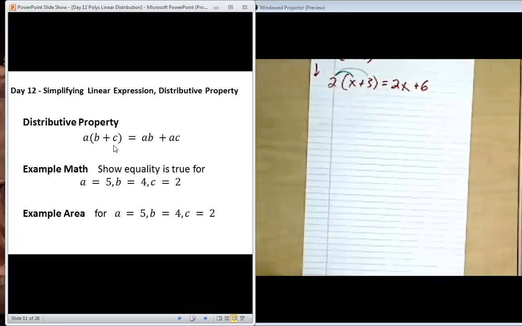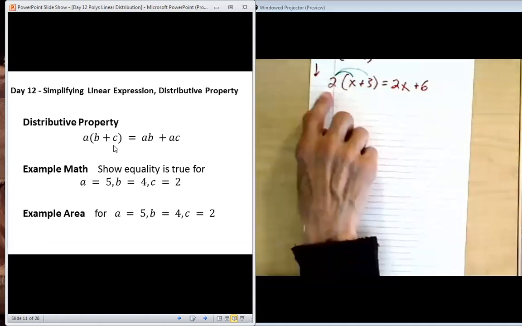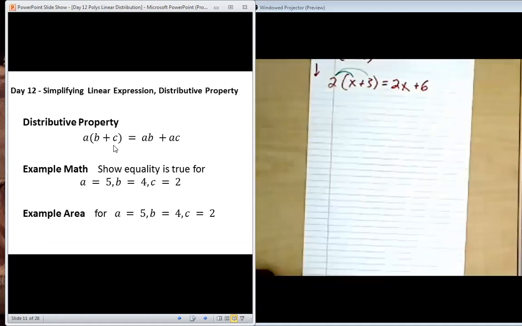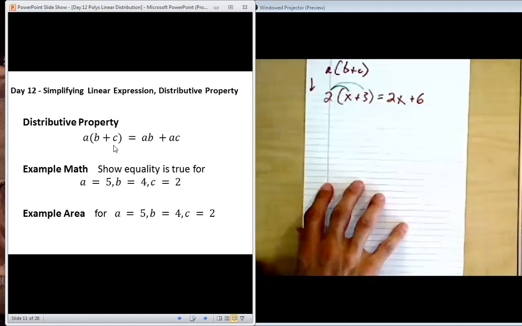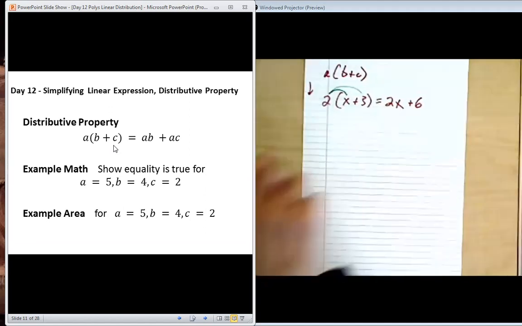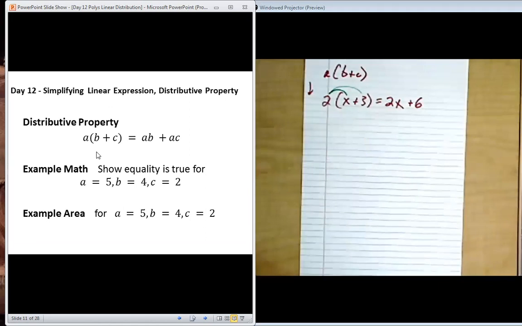Okay. So what can happen is these can be long, more than one term there. It gets a little bit busier. Now, what it shows here is that you take the number in front, you multiply by each thing, and this is what you get on the right-hand side: A times B for the first numbers together, and then A times C for the next ones.